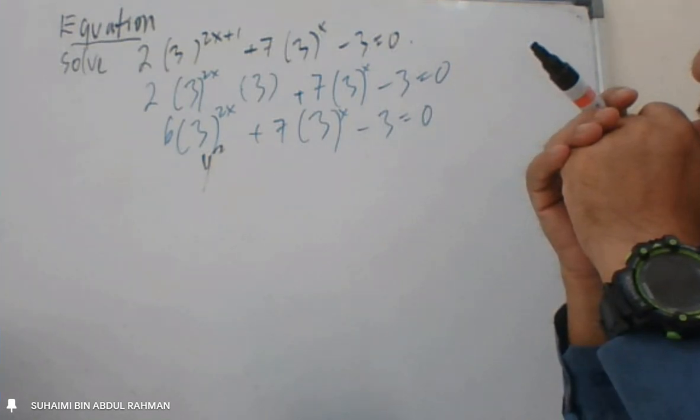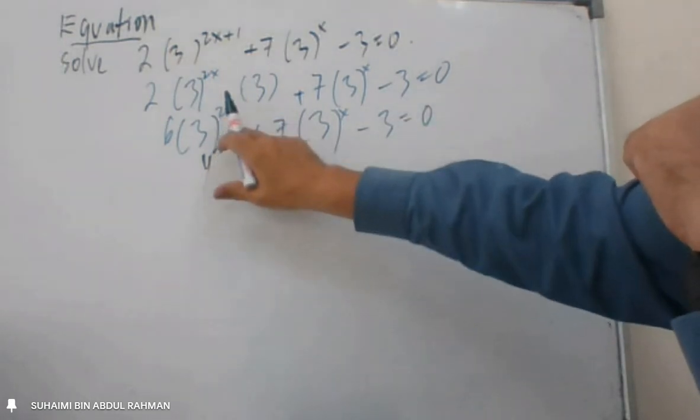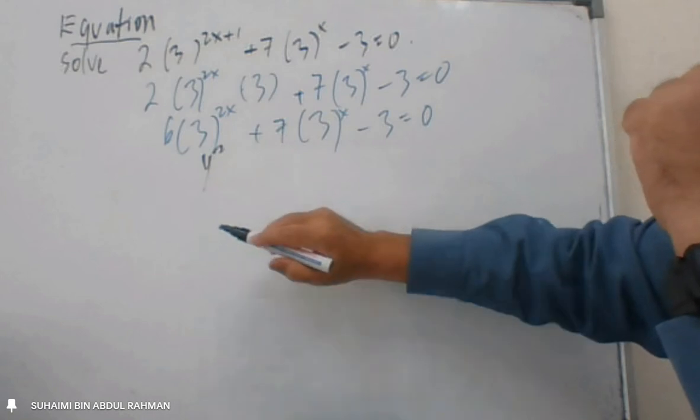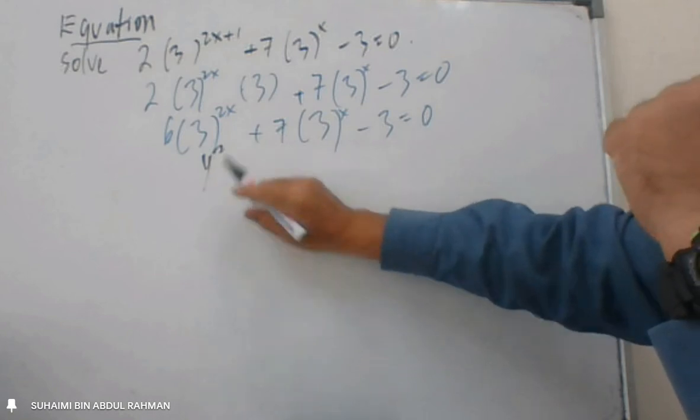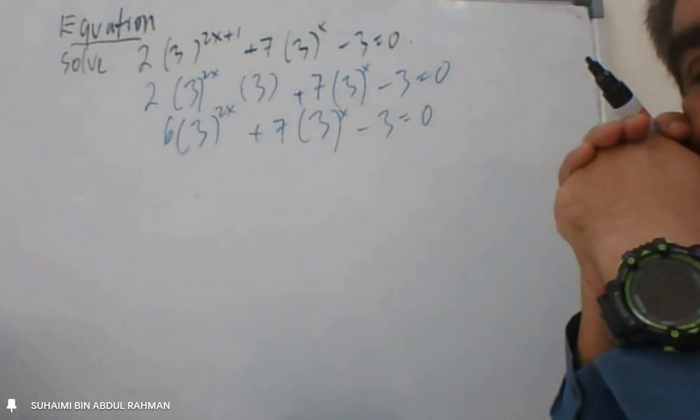So the equation will be 6y squared. How do we make this? We let 3 to the power of x equal y.